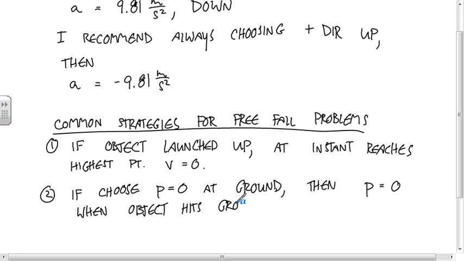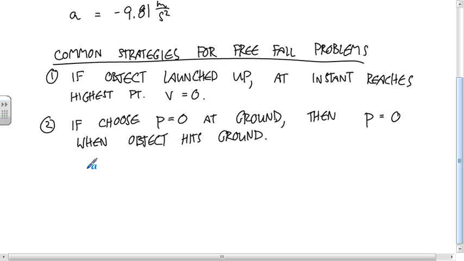So for example, if an object's launched up into the air and you're trying to figure out how long it'll take for it to land back on the ground, if you put your position equals 0 on the ground, then one of your knowns is that at your t final, when the thing hits the ground, your position is going to be equal to 0. Okay.